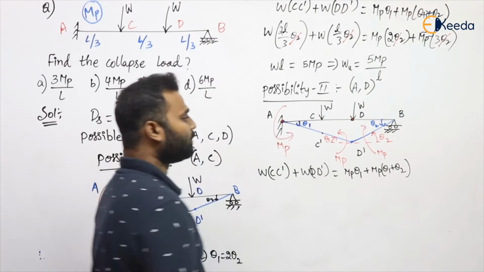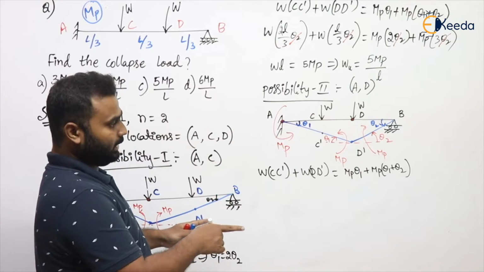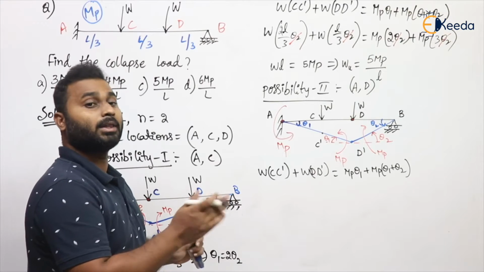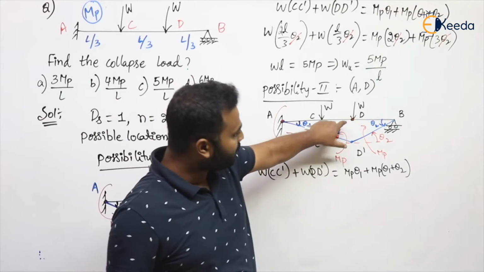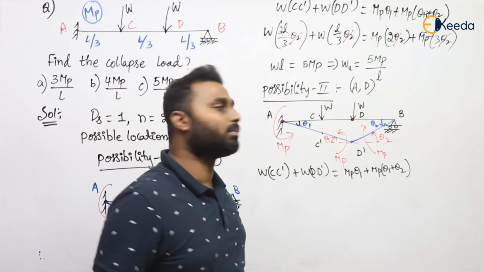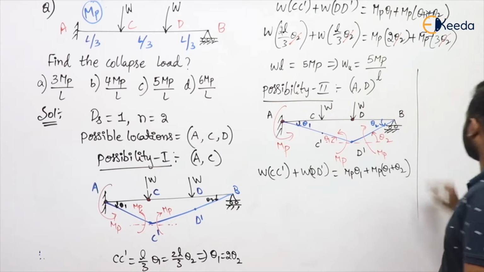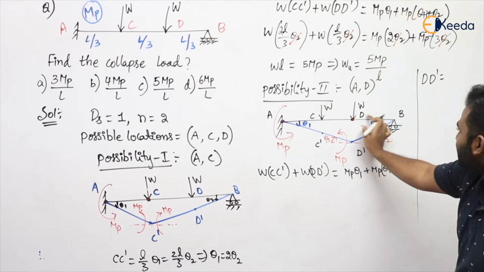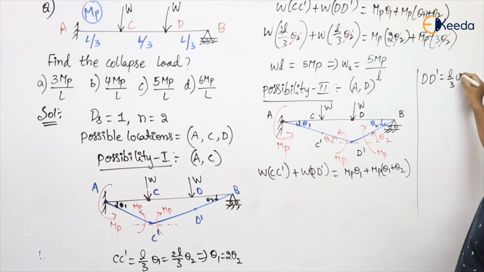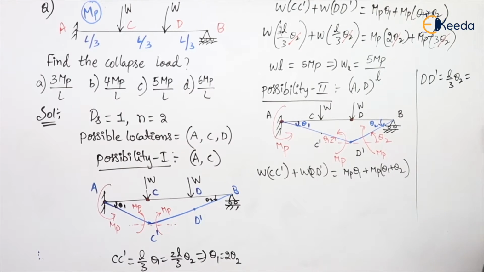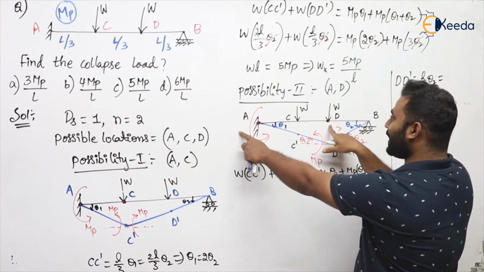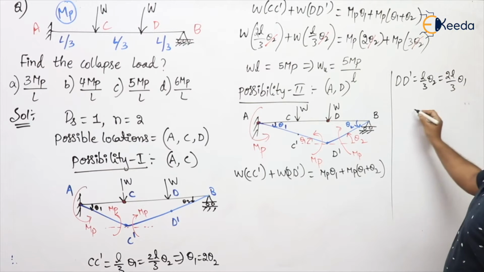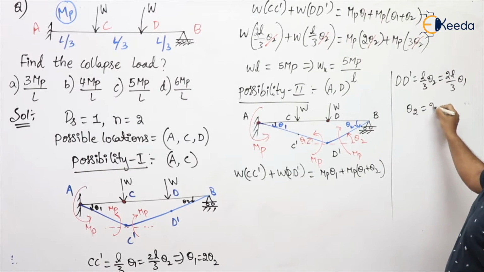Now to get the final expression, we need to evaluate the relation between theta 1 and theta 2, by using the formula for DD dash. DD dash, if you consider this DB span, is L by 3 theta 2, and if we consider the AD span, it is 2L by 3 theta 1. Now from this we can say that theta 2 is equal to 2 theta 1.